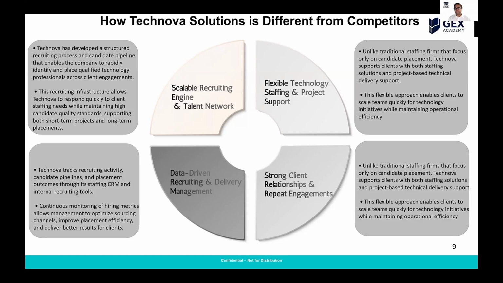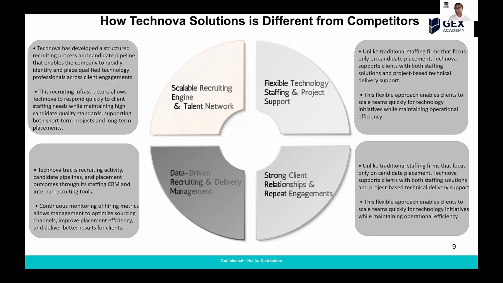And this is important, right? Because in technology staffing and consulting businesses, speed often matters. If a client has a critical project that needs resources immediately, the firm that can deliver qualified candidates the fastest often wins the engagement. So the ability to consistently source and place talent becomes a huge competitive advantage in itself.